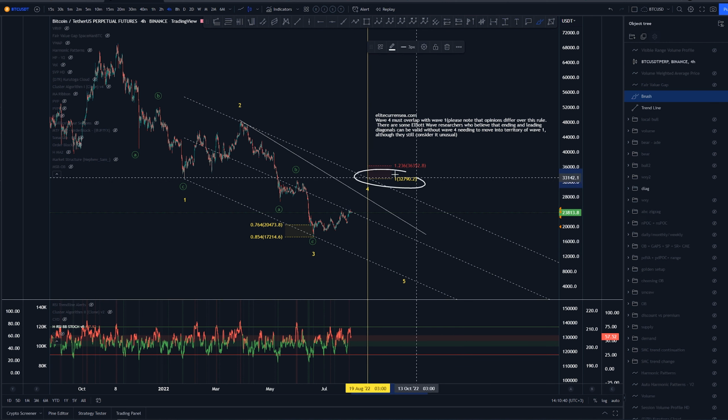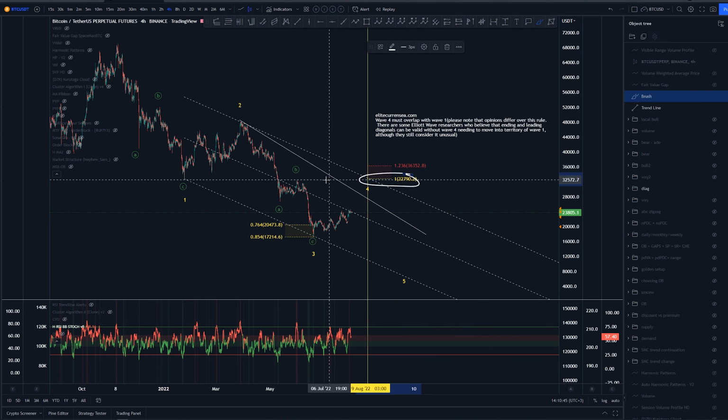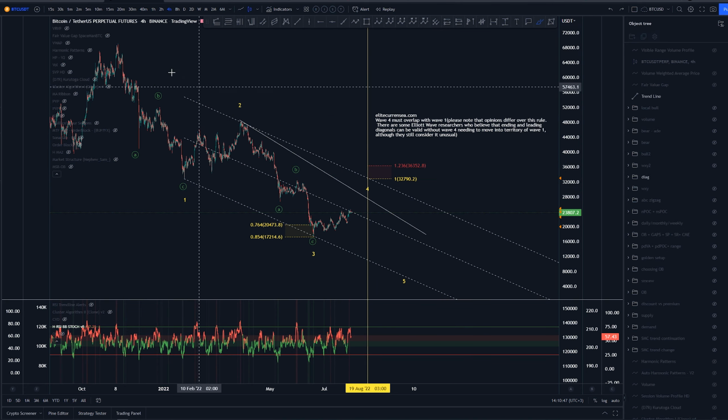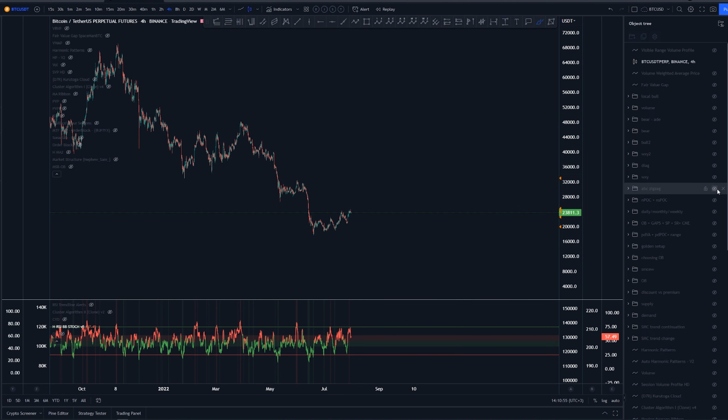We can't get to the 1-to-1 extension because the wave 4 would be similar size as the wave 2, and again, it's a contracting pattern, so wave 4 needs to be smaller. Okay, I think that's clear enough, right? Hopefully. Let's go through the other ones as well.